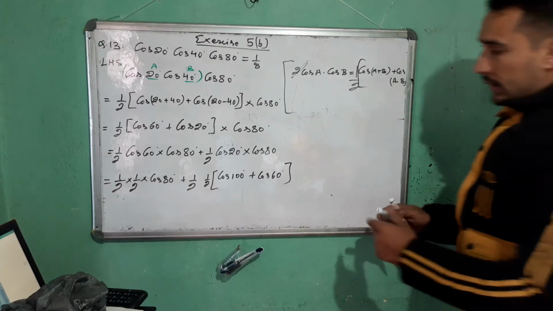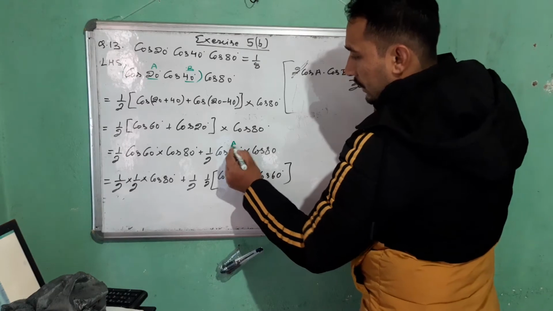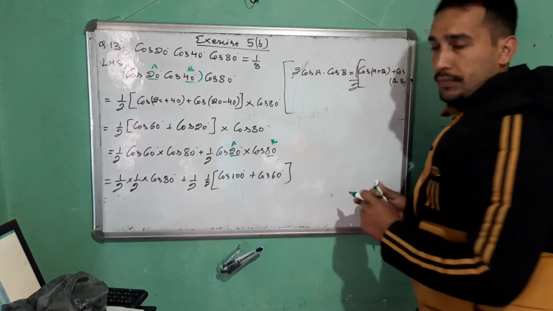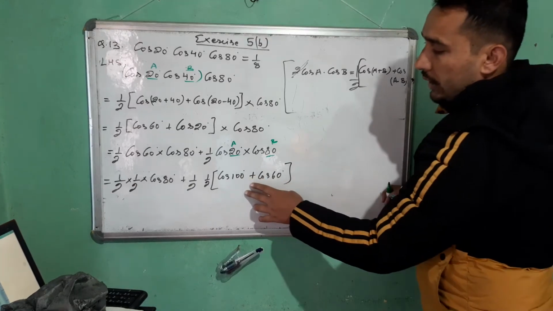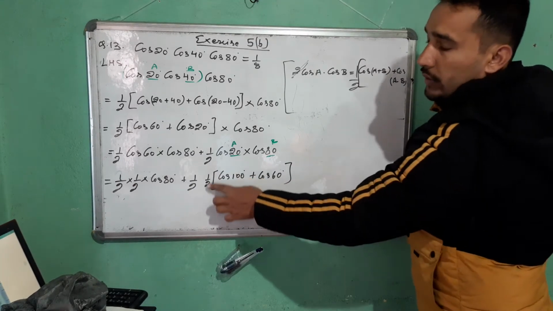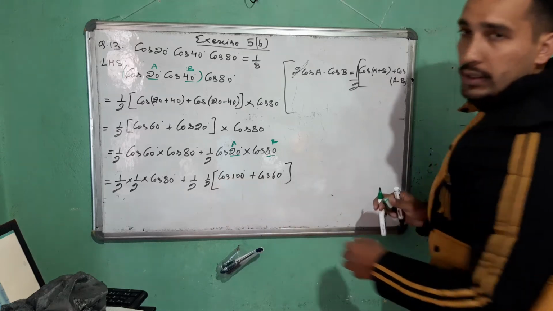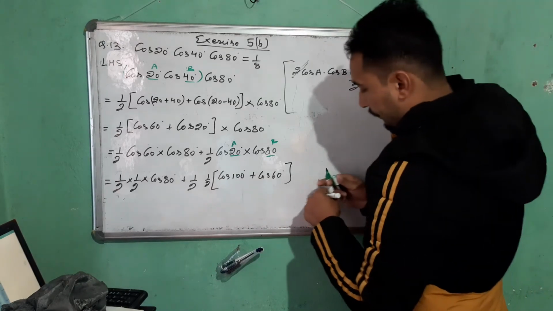Okay, this is A, this is B. So cos A into cos B is cos A plus B plus cos A minus B, whole divided by 2. I have written 1 by 2 here, so I have done it directly, okay.